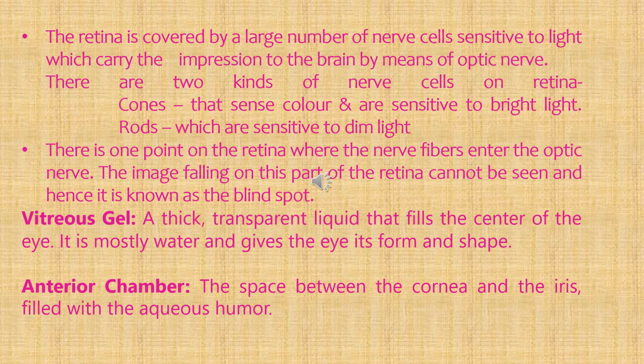As humans, we have more cones and fewer rods. Whereas a night bird like an owl has more rods and fewer cones. So even during the night, it is able to view objects clearly because rods are very sensitive to dim light.